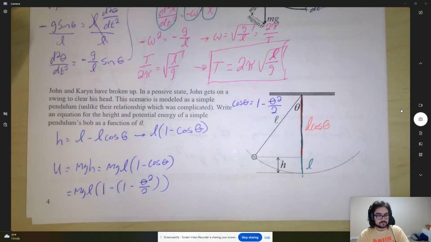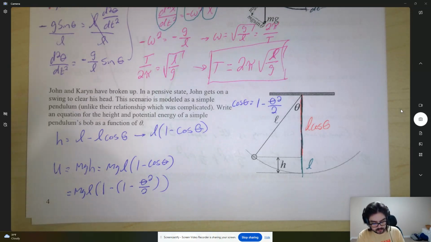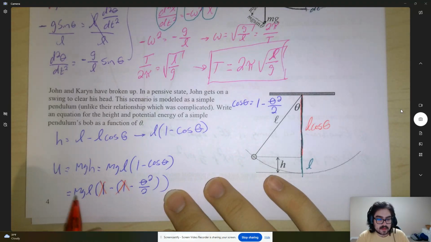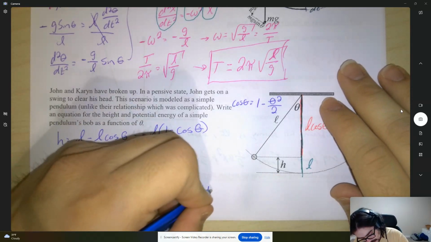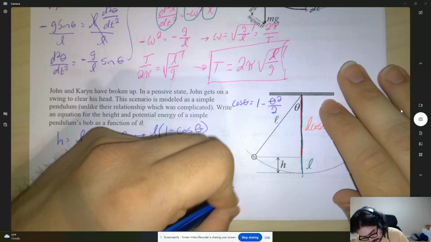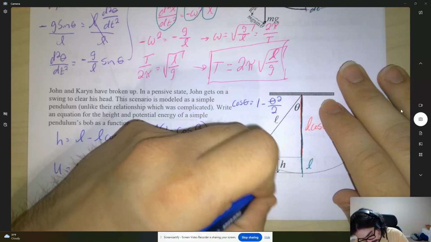Hopefully you recognize that this is 1 minus 1, so it just goes away. These two get neutralized, and this is just going to be mgL times negative theta squared over 2. So you should end up getting that the potential energy is about negative 1/2 mgL theta squared.